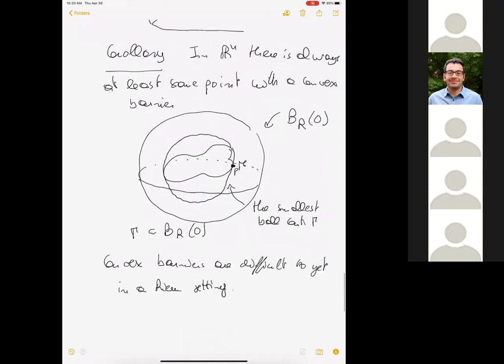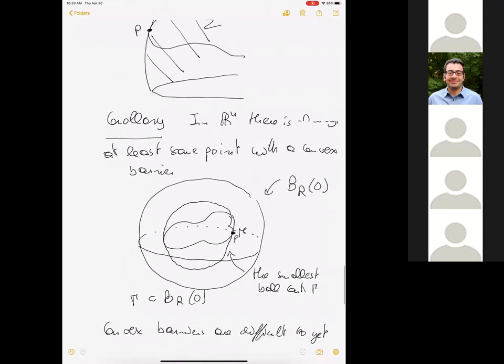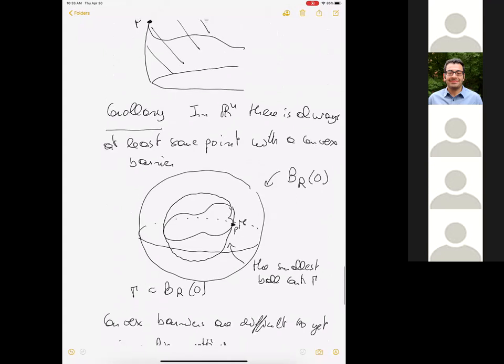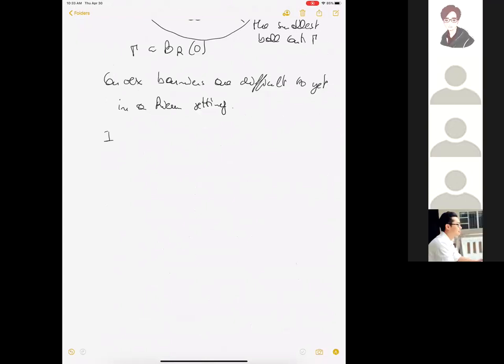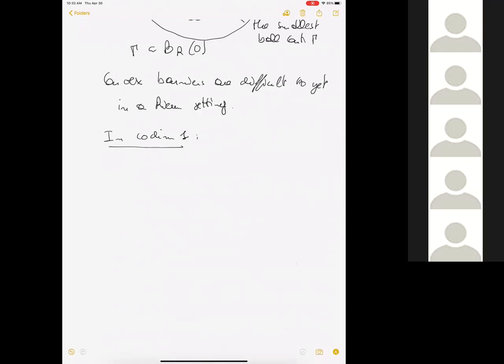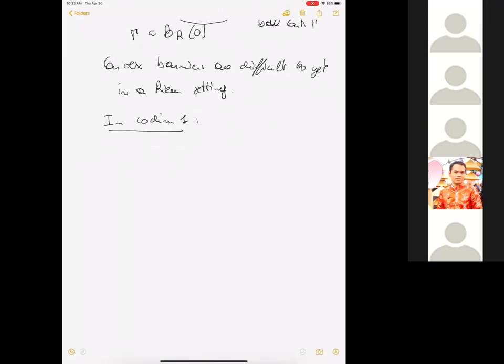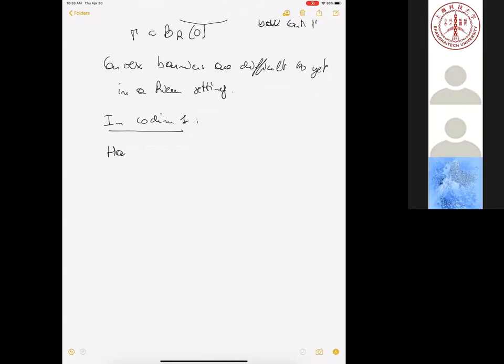Okay, and so you might wonder what happens more in general, and what happens more in general is the following. So in codimension 1, there is another fundamental result, and that fundamental result is a result by Hardt and Simon. And this actually dates back to the 1980s, and it says that, in fact, for hypersurfaces, boundary points are always regular.